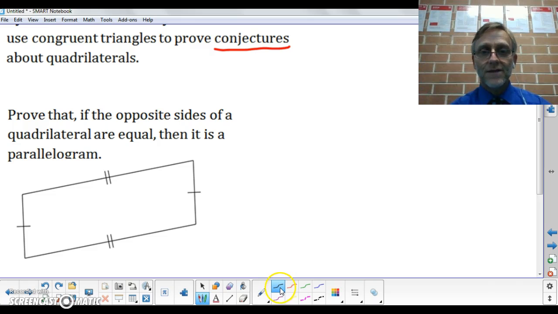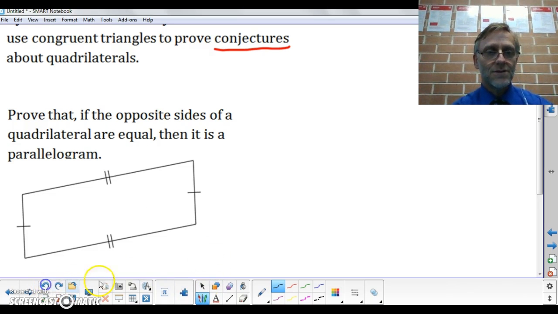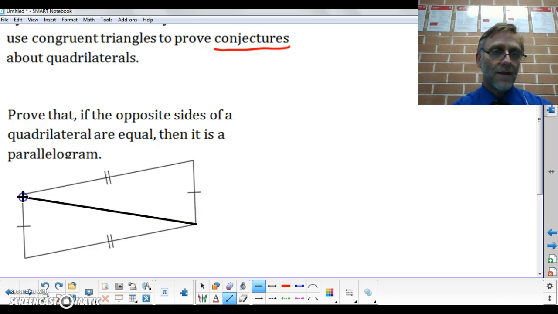So if we divide this shape up into triangles by drawing in a diagonal, and there's my diagonal, let's pretend that's a straight line. Well, maybe I should use the straight line tool. There you go, there's my diagonal.